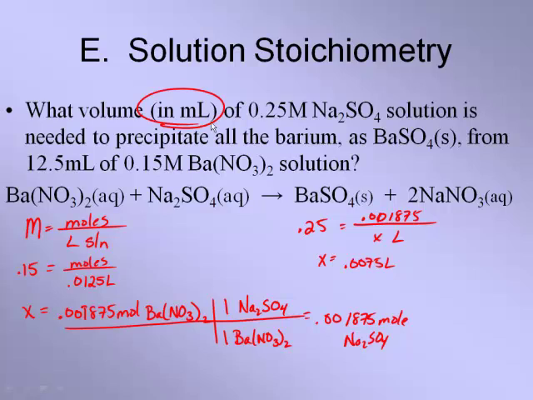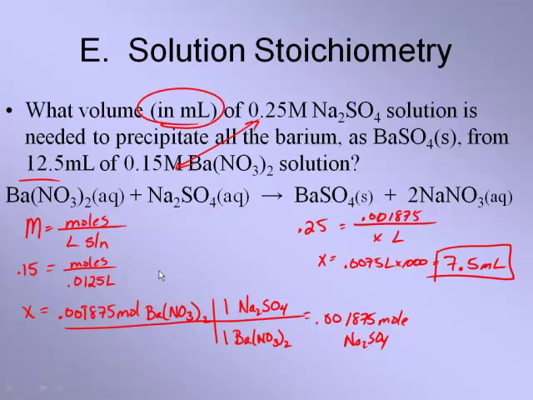It asks for milliliters, so this time I remember to multiply by 1,000. Move the decimal place 1, 2, 3, which is 7.5 milliliters of solution. Now, does this make sense that I only added 7.5 milliliters? Yeah, I only started with 12.5 of this one, and you can see that there's a big difference between the two concentrations. So it makes sense that I'm using something so much smaller.